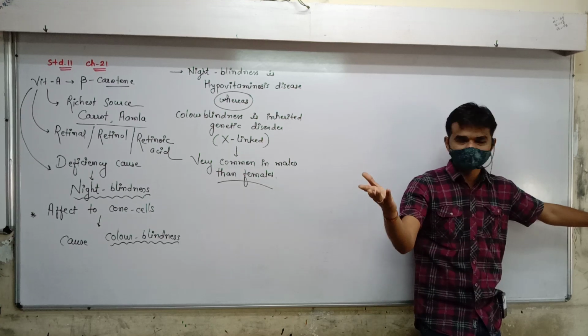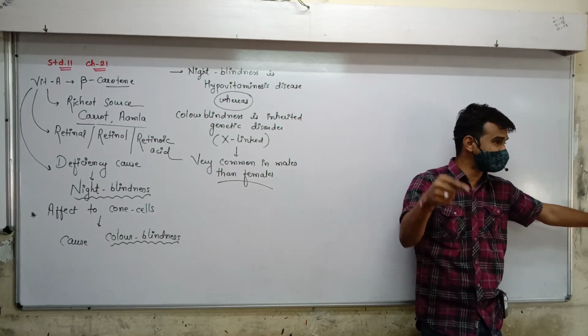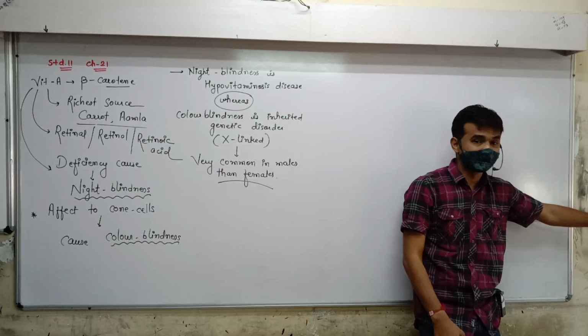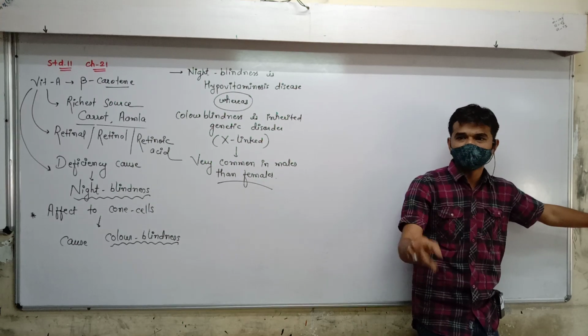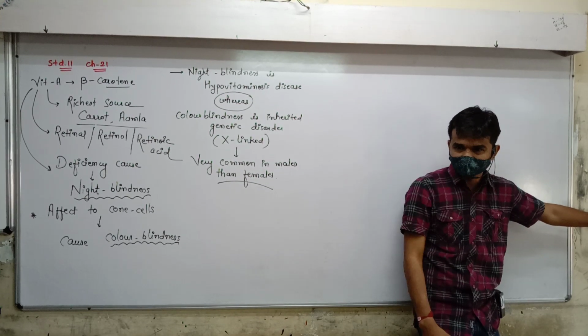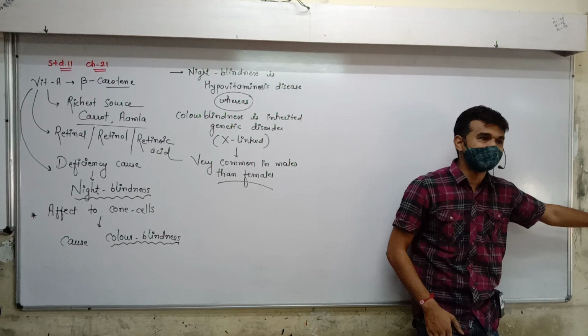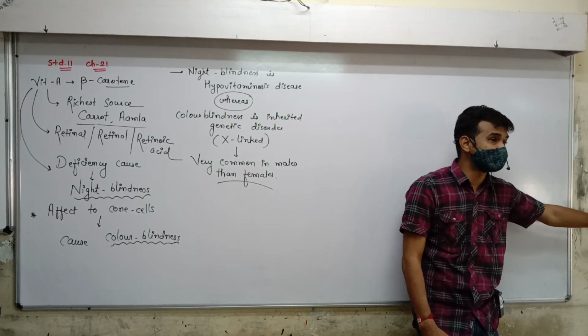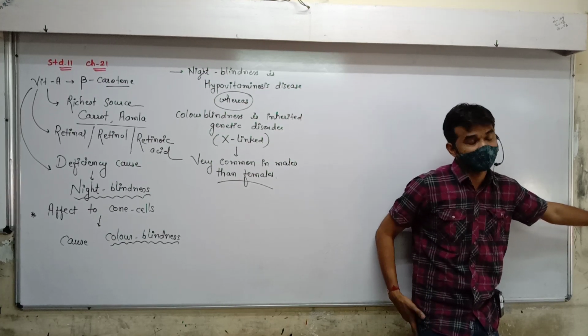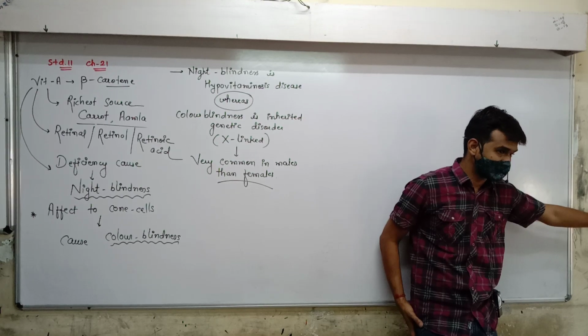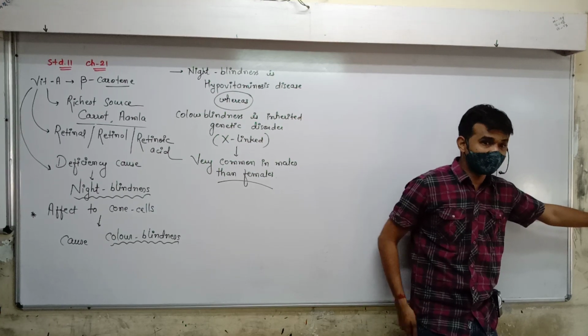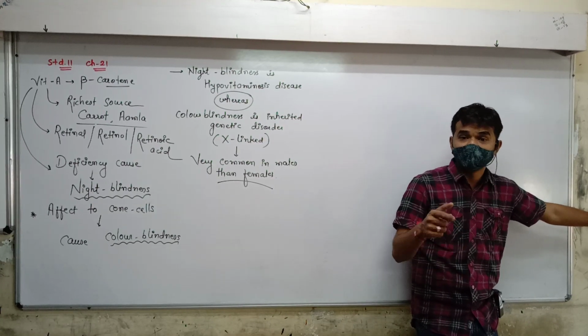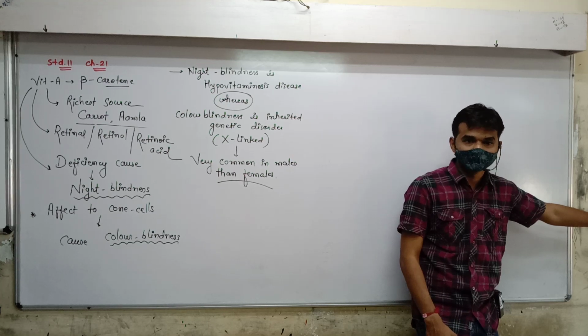I could write genetic disorder, but I wrote inherited. If mother and father or either one of them is affected by color blindness, their offspring might be color blind. And it is an X-linked disorder.